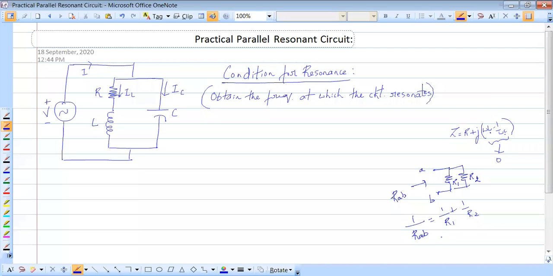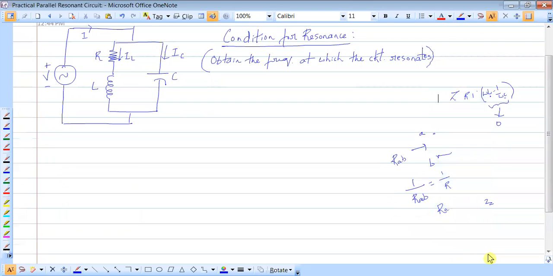Now, so we can write RAB is equal to R1 R2 divided by R1 plus R2. So this is parallelism. Understand that? Now let's see what happens to this total impedance or admittance. We all understand impedance, right? Let's just invert that. You'll get the same. Should not be a problem. Okay, so let's attend to that now.